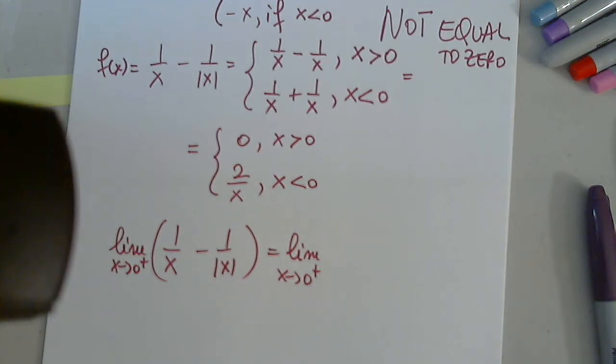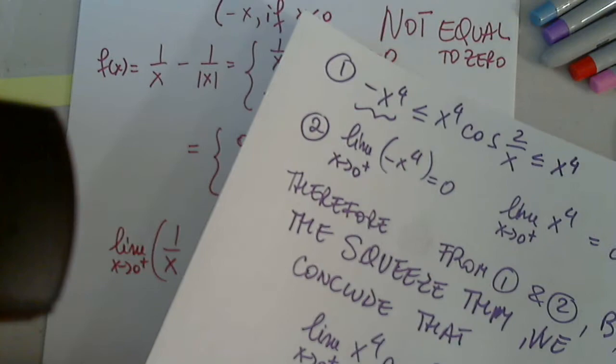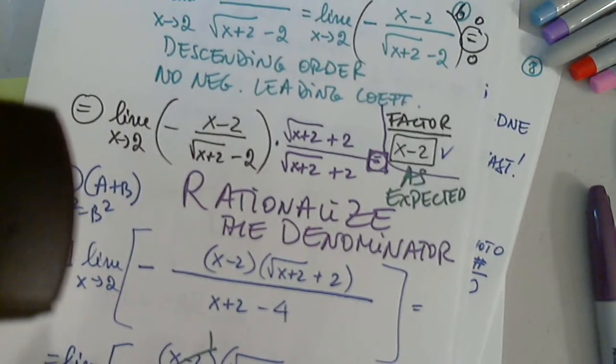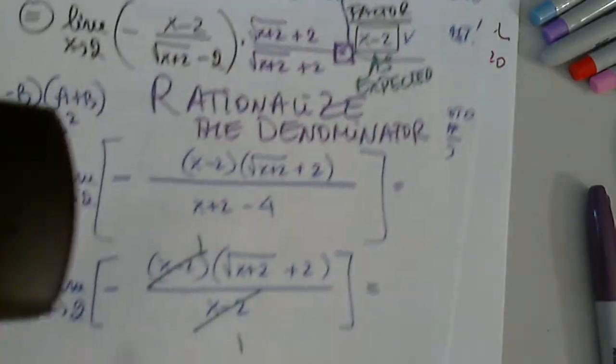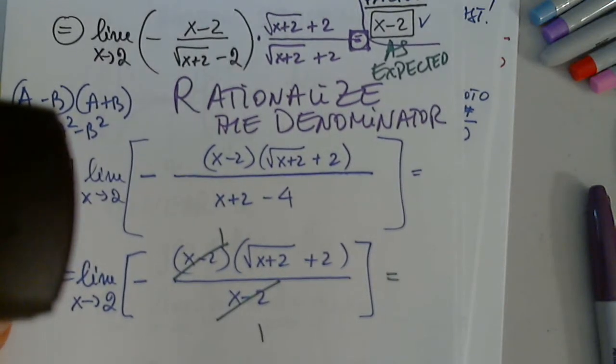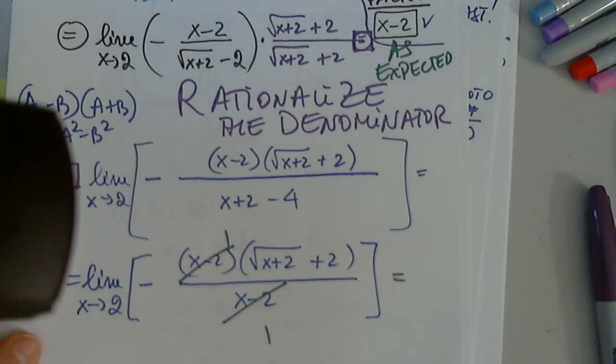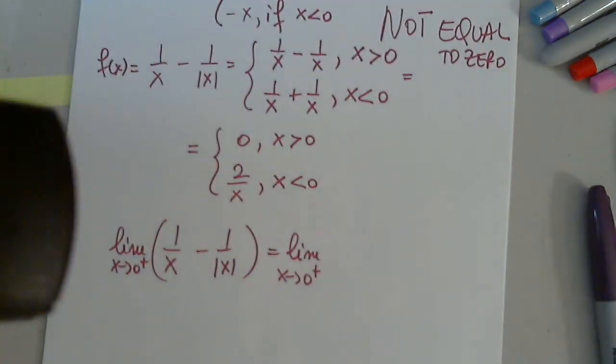You can drop the limit operator when you apply it. So after you apply the limit operator, you can no longer write it. But before you apply it, you have to carry it on and on and on.